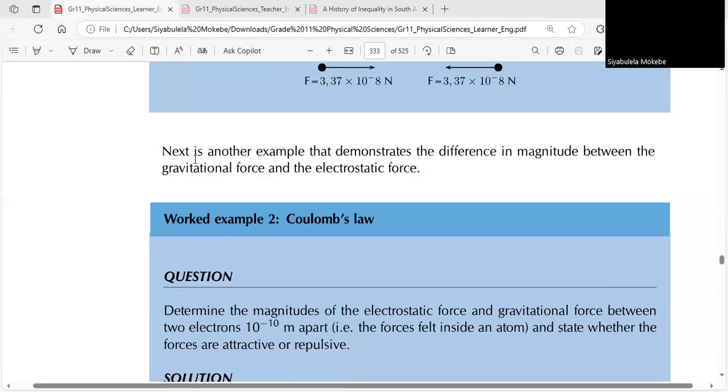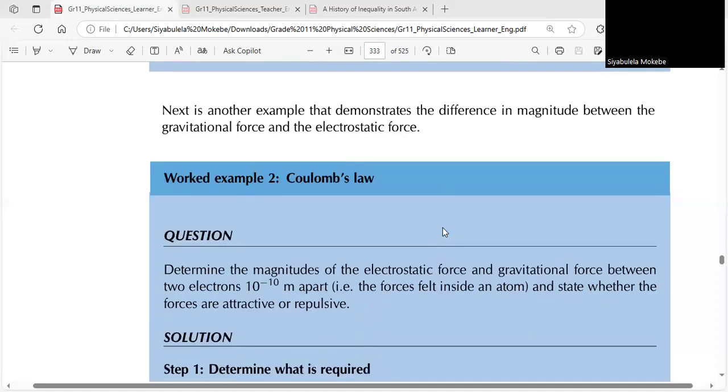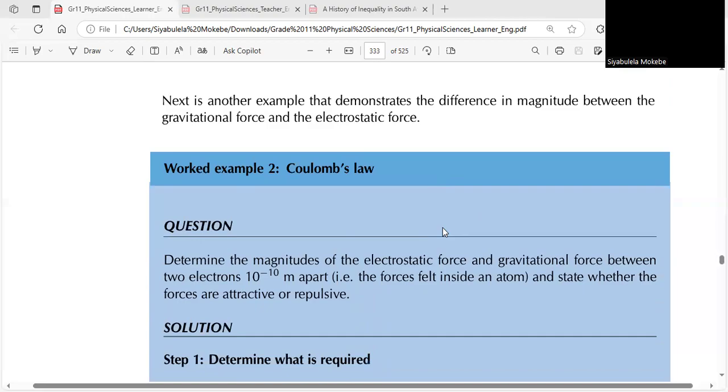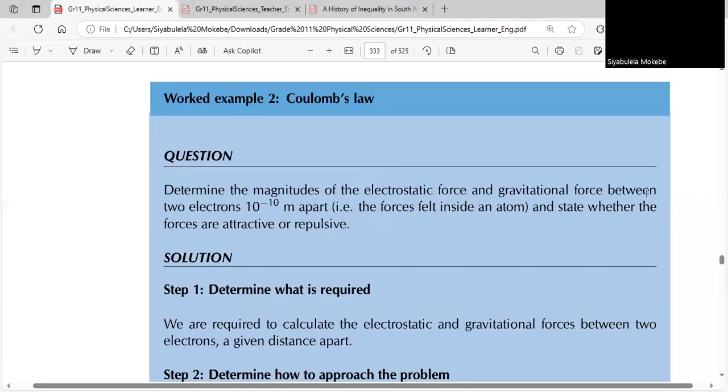Okay, next is another example that demonstrates the difference in magnitude between the gravitational force and the electrostatic force. Determine the magnitudes of the electrostatic force and gravitational force between 2 electrons that are 10 to the negative 10 meters apart, meaning the forces felt inside an atom, and state whether the forces are attractive or repulsive.